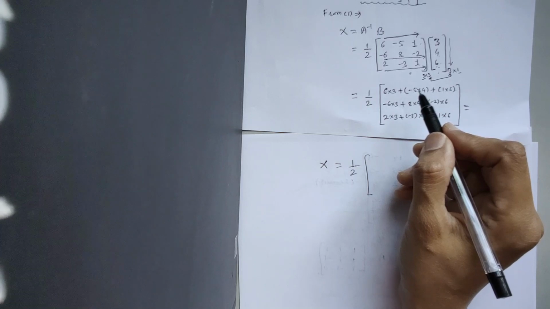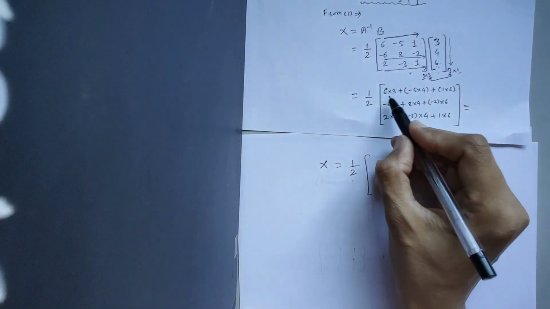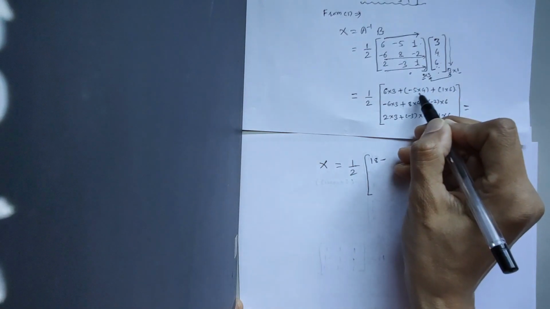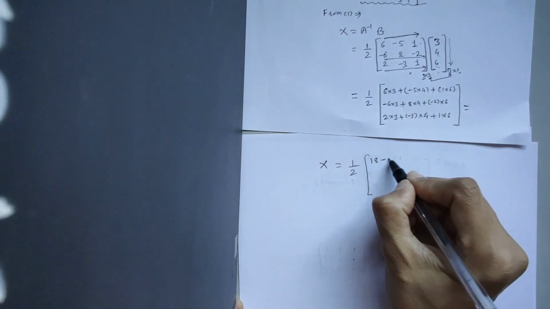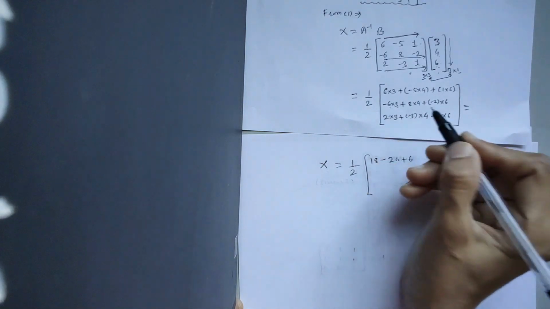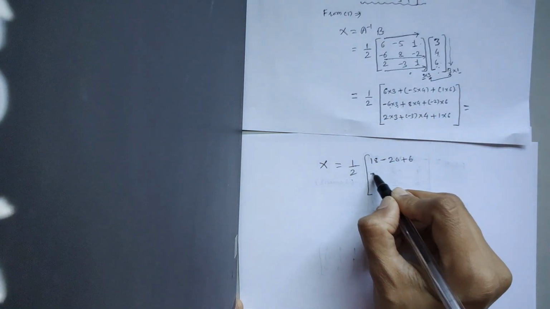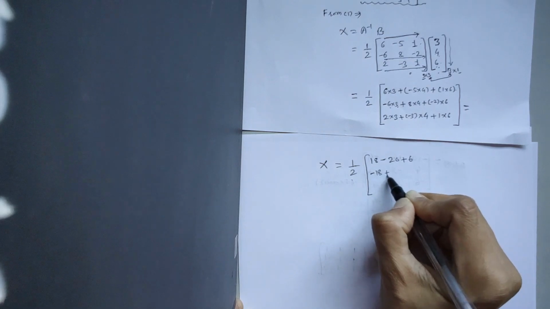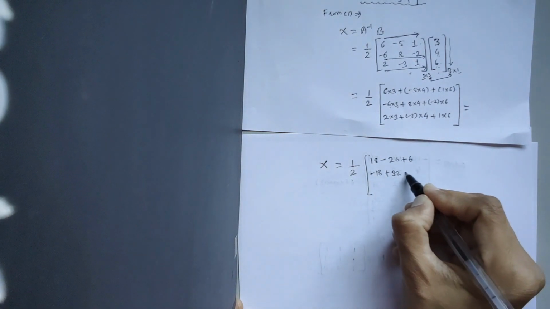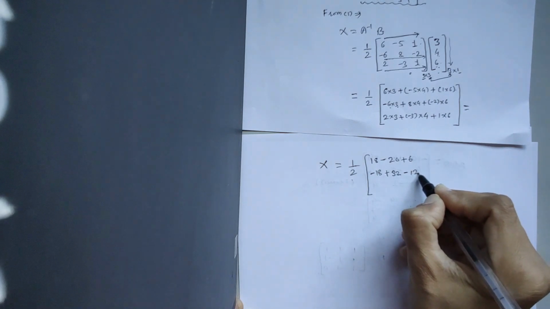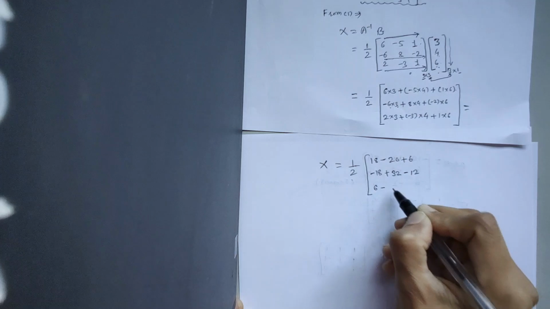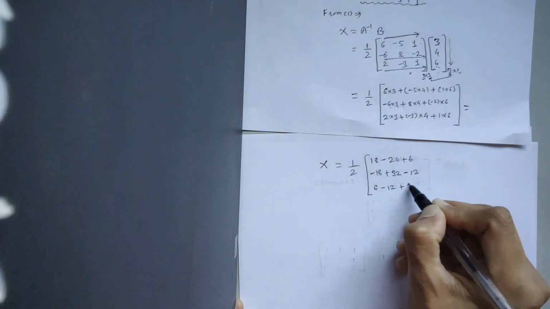What will we get? 18 minus 20 plus 6; minus 18 plus 32 minus 12; 6 minus 12 plus 6.